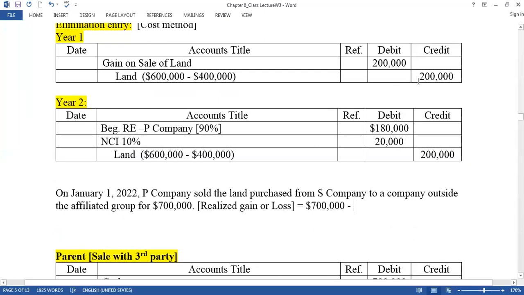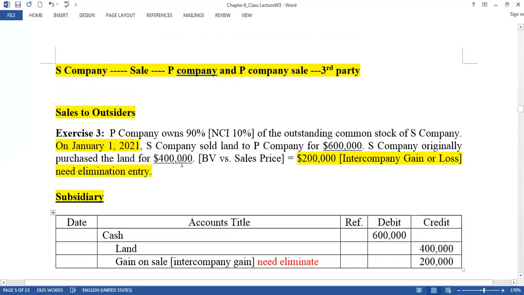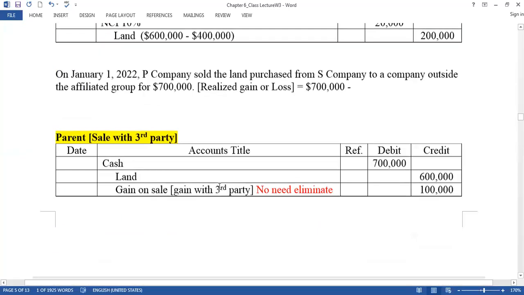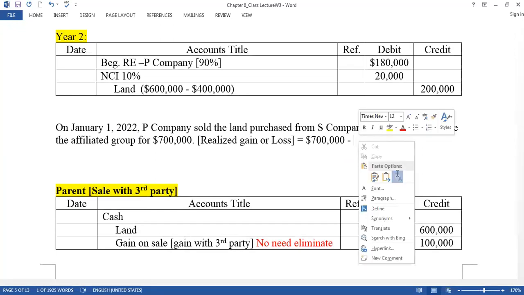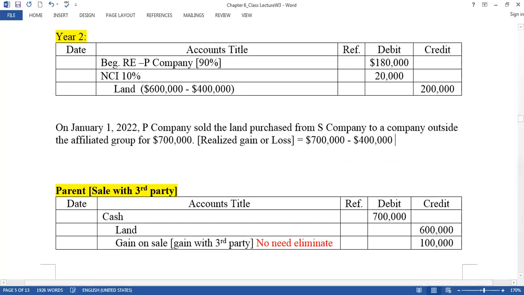The original cost of the land is $400,000. So sales to third party $700,000 minus original cost $400,000 equals $300,000. $300,000 is the realized gain, right? Do you understand?